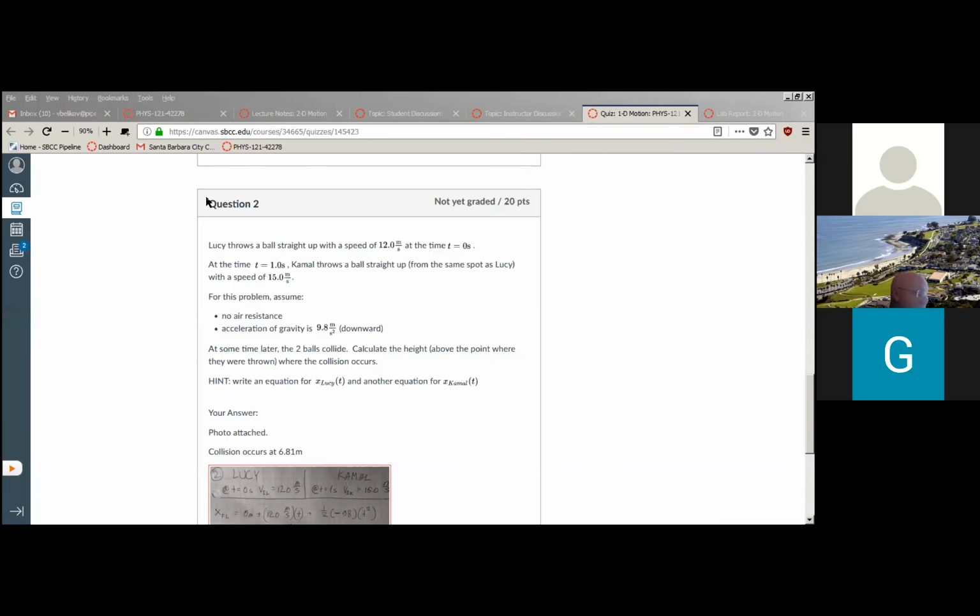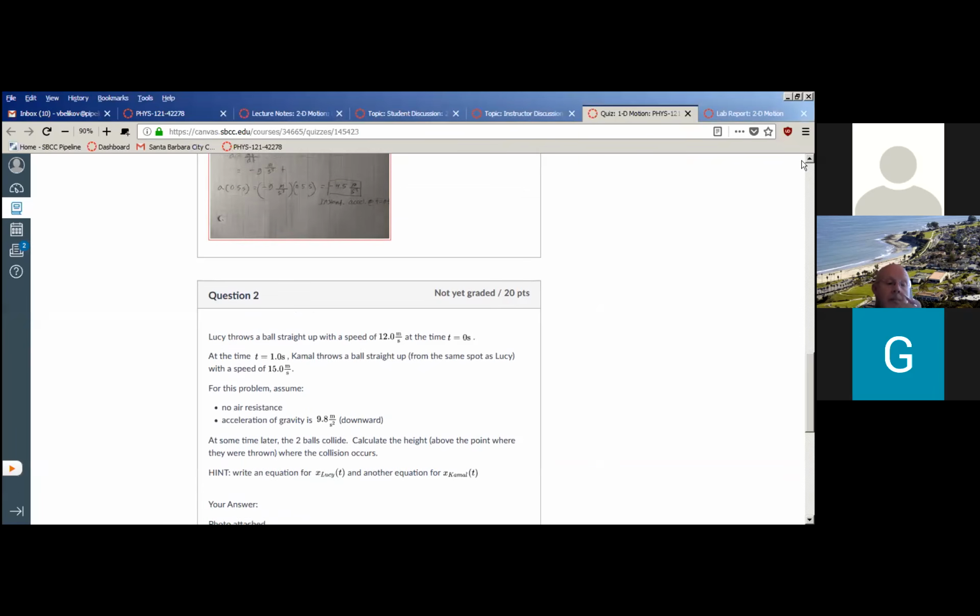Okay, thank you. Let me read your problem. Lucky throws a ball straight up with a speed of 12 meters per second at time 0. At time 1 second, Carmel throws a ball.